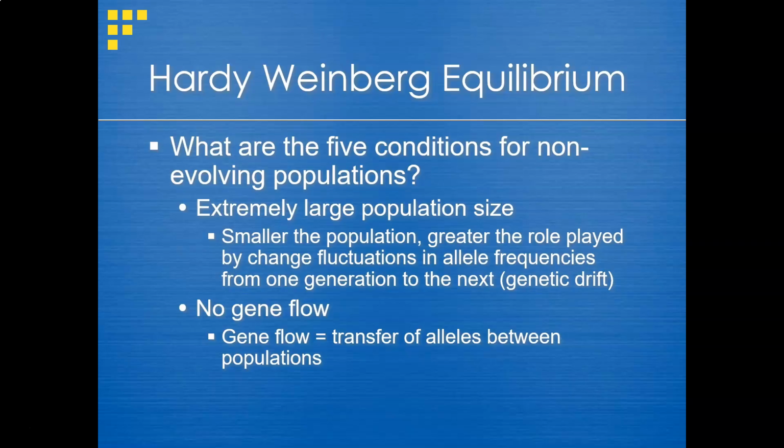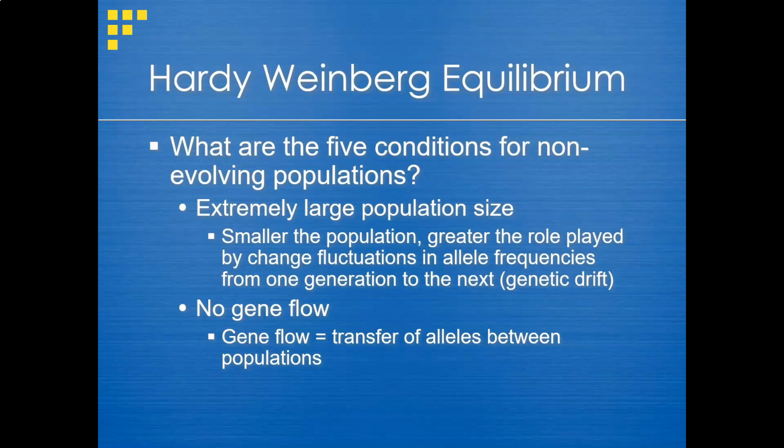We also can't have any gene flow. So when we talk about gene flow, we're talking about the transfer of alleles between populations, aka I can't have any individuals moving into my population during that period of time because they're bringing alleles with them, and bringing those alleles will adjust the ratio of alleles in the next generation.